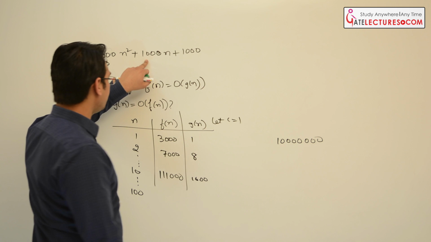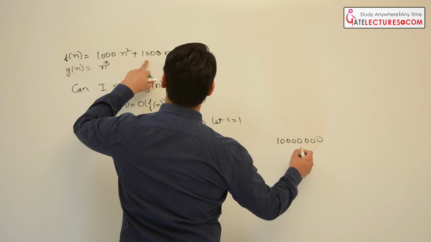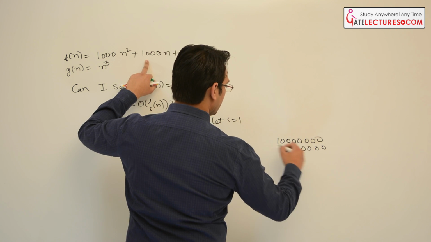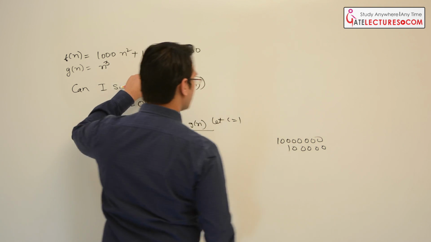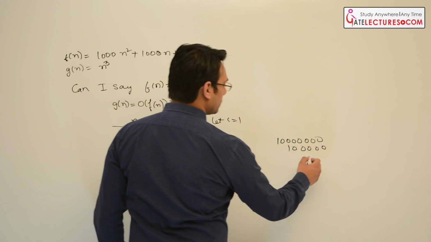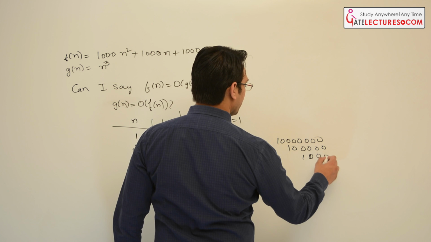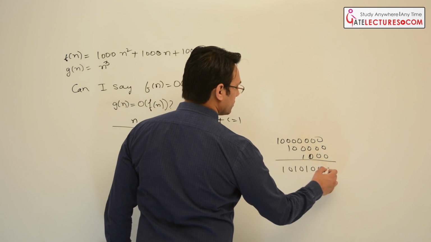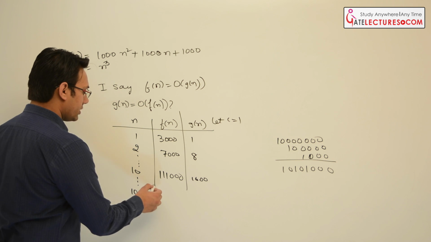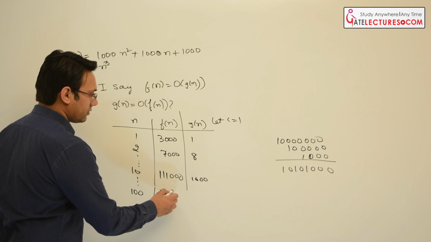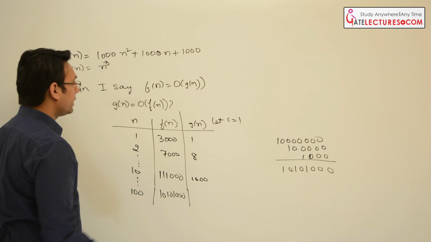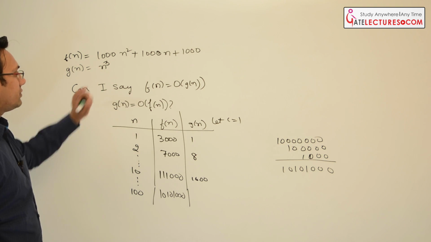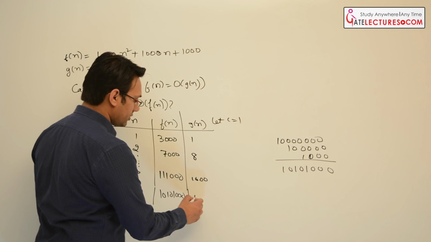And this value will become this much, right? So what is the value? 1010100. So this value became 1010100. And what is this? The value of Gn. Gn became this much.